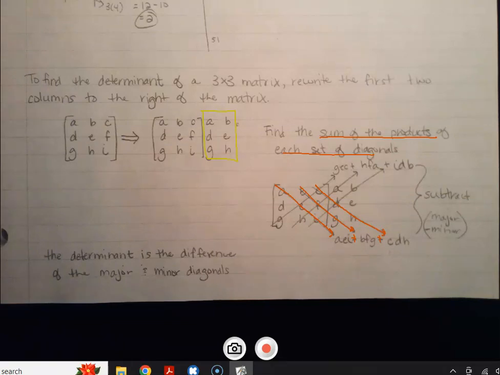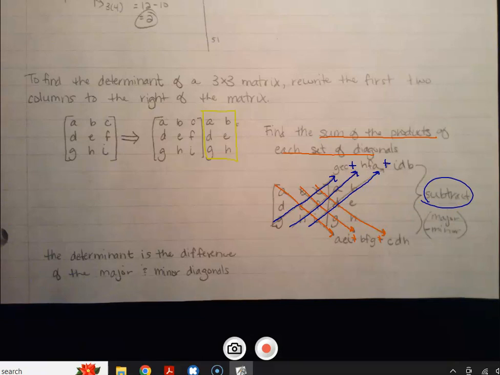And then we do the minor. So we're going to do G times E times C plus H times F times A plus I times D times B. And then the next thing we do is we subtract these, and it's going to be the major minus the minor.